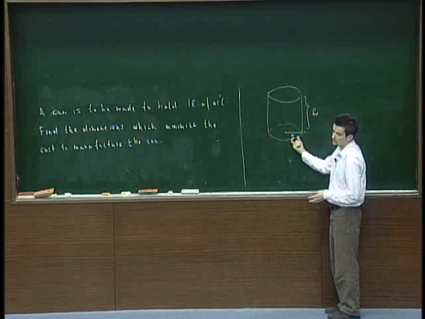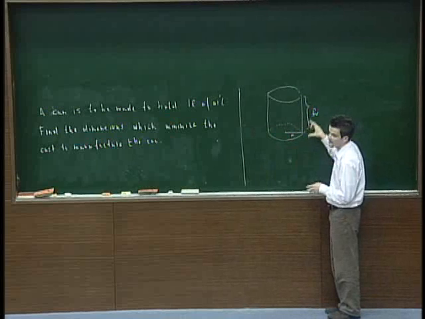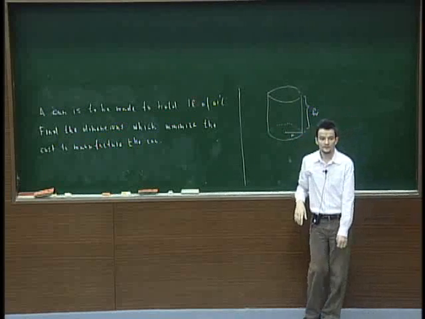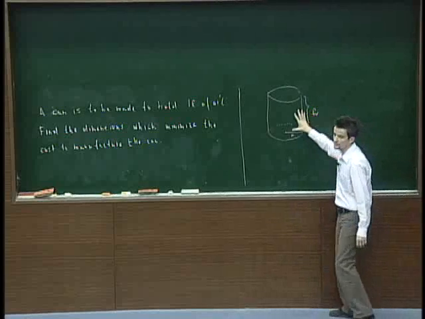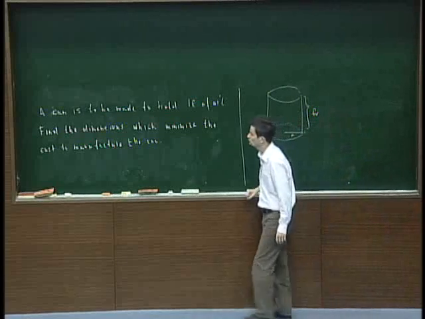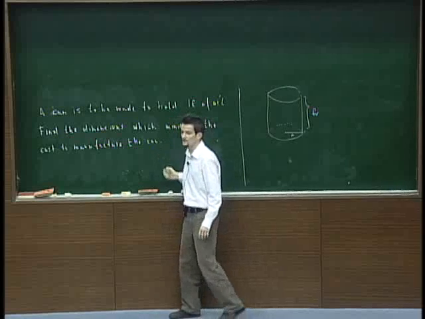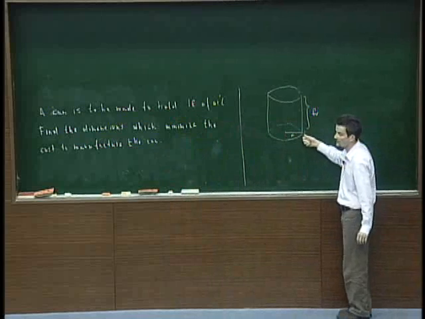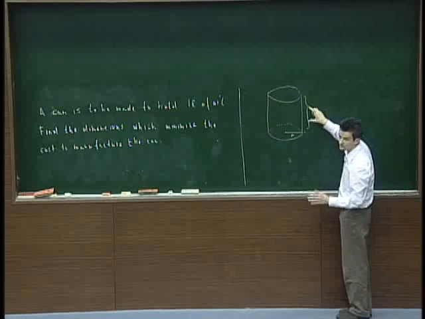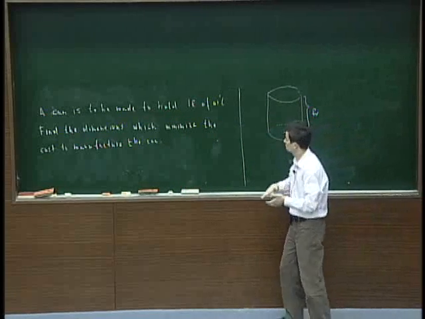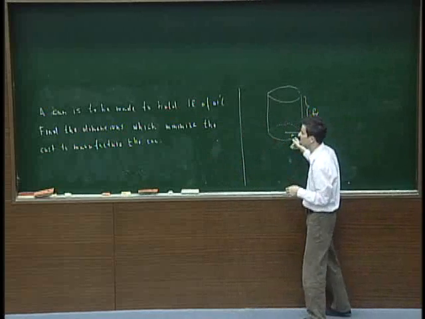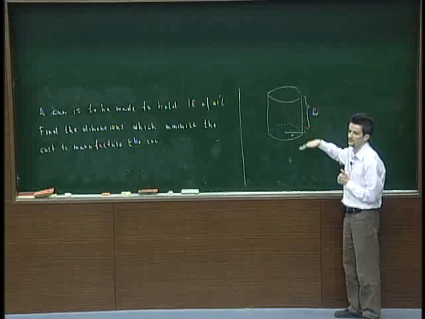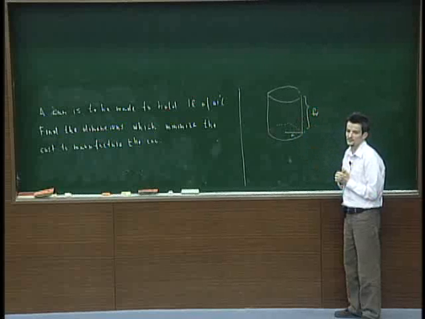If you make r smaller, then the height will get larger and larger, and the surface area of the can, which is what we have to minimize, will get larger and larger. If you make r larger and larger, the height will get smaller and smaller, because the volume is fixed, and again the surface area of the can will tend to infinity.